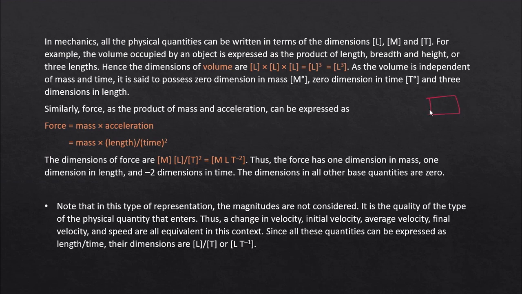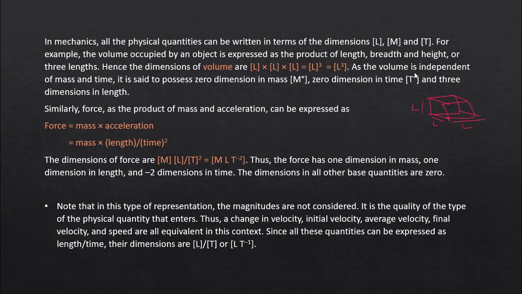So if we take a cube, this also has the dimension of length, this also has the dimension of length, this also has the dimension of length, and volume is the multiplication of all the 3. So now you can see, what is the dimension of volume? L into L into L, which is L cube.